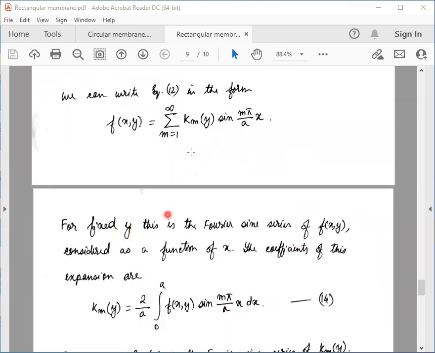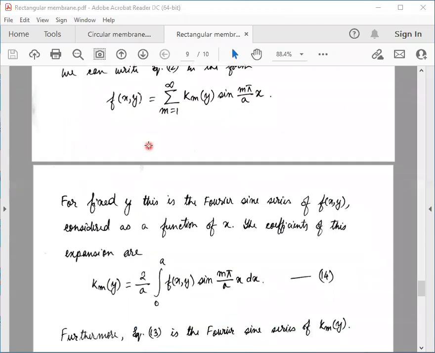For a fixed value of y, this is the Fourier sine series of the function f of xy, considered as a function of only x, because y is fixed. Then for this Fourier sine series, we can calculate the coefficients.